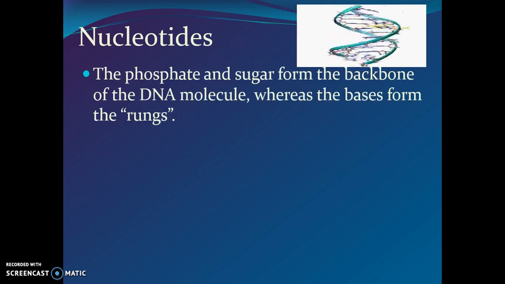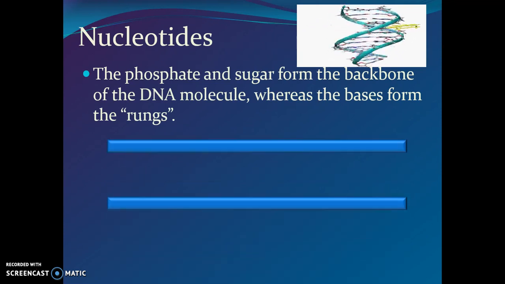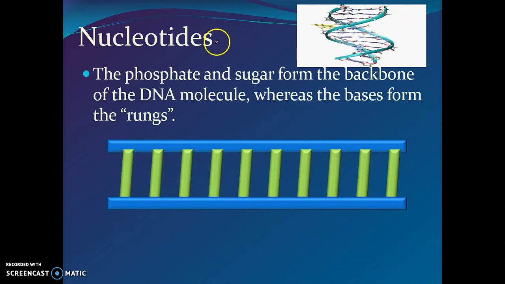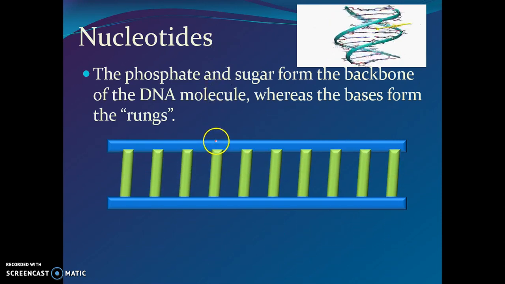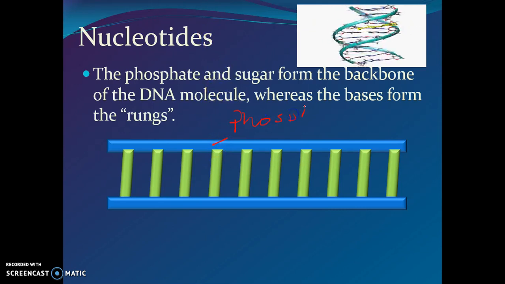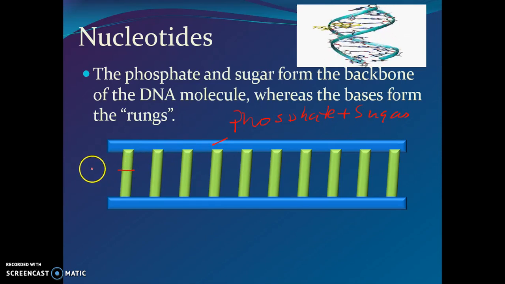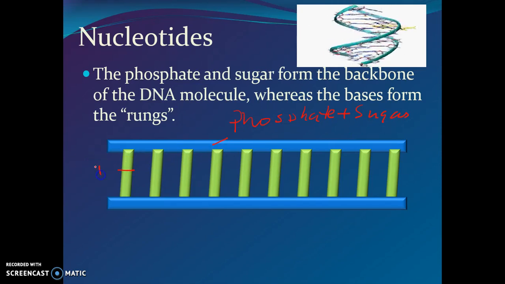So phosphate and sugar are the backbone of the DNA molecule, where the bases are the rungs. If you look at this, these are the backbone, which are phosphate and sugar, and the middle part is the bases.